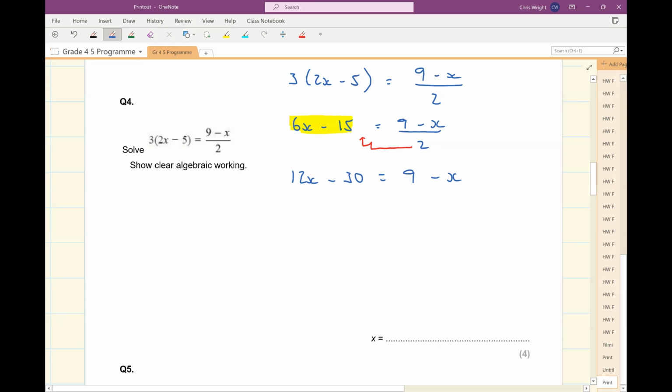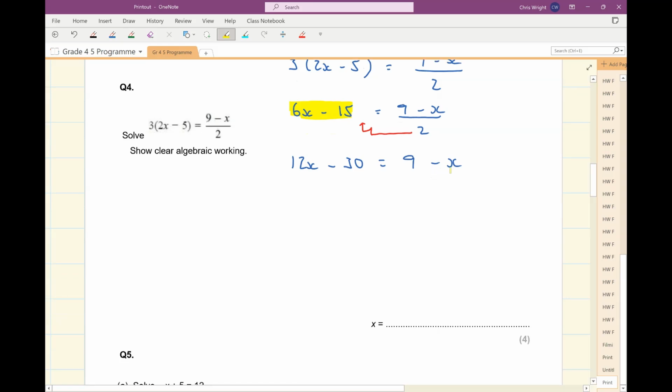Now this is looking more straightforward. I've got unknowns on both sides. So which side has the fewest? Well, it's that side, which has got minus 1x. So I'm going to float and ping that minus x over here. It's going to become plus an x, isn't it? So now that's 13x minus 30 equals 9.